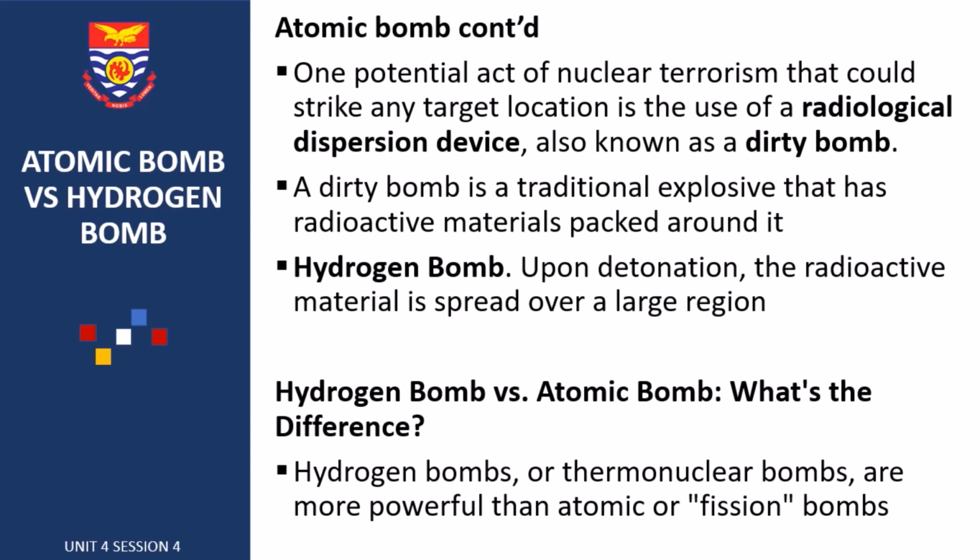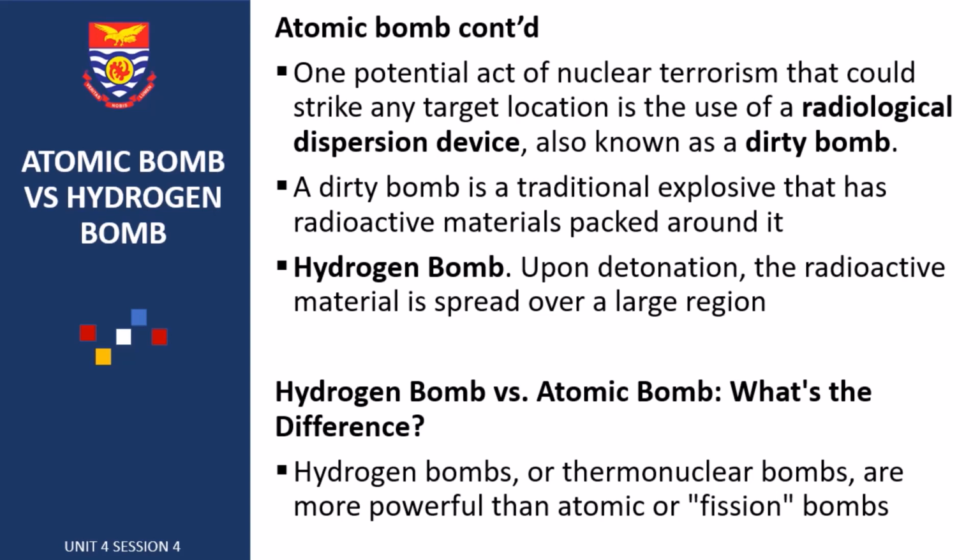Now, when we consider the comparison between hydrogen bombs and atomic bombs, hydrogen bombs, which are also known as thermonuclear bombs, are more powerful than atomic bombs. Atomic bombs are also known as fission bombs. The difference between the thermonuclear bomb and the fission bomb begins at the atomic level.